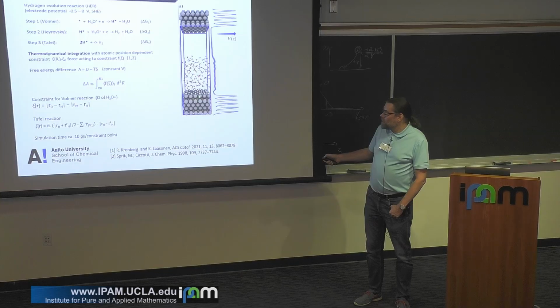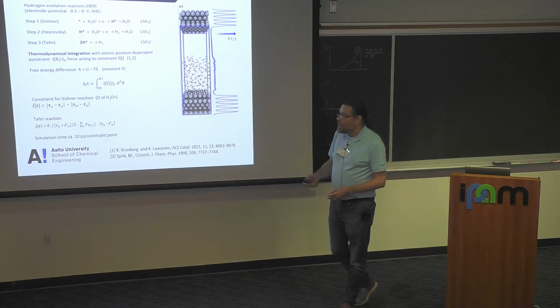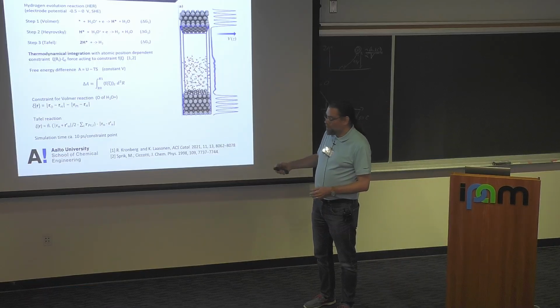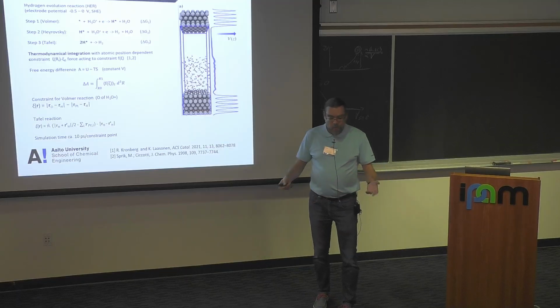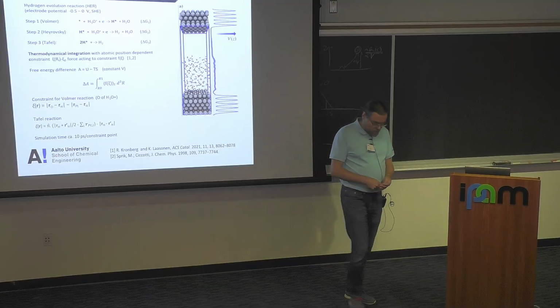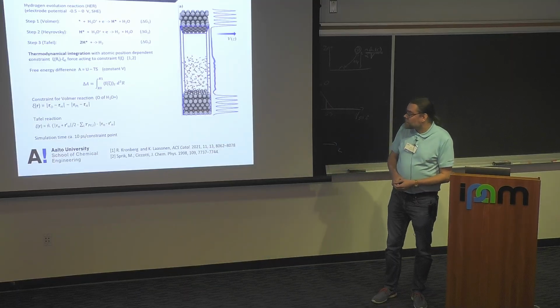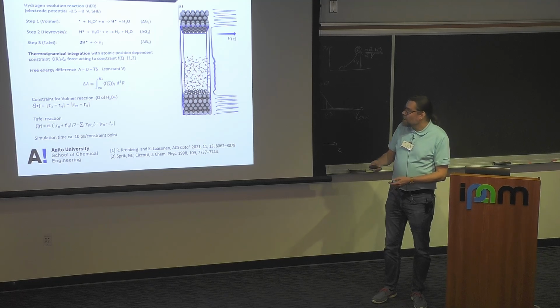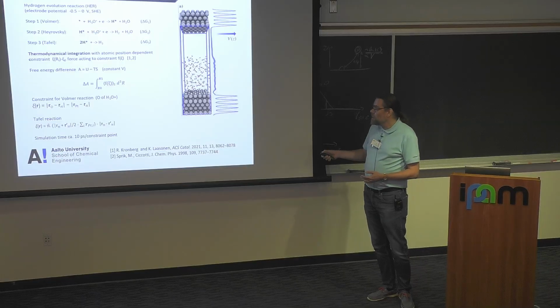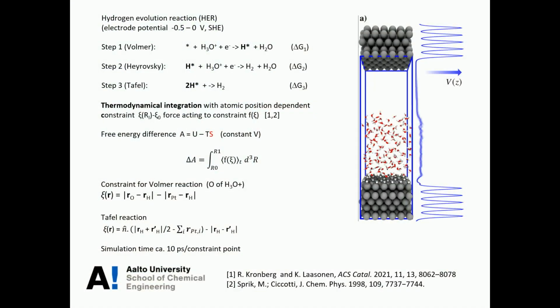We start, for example, with one hydrogen on the top side of the surface, and then we start pulling it up into the liquid. We have to do this in a few steps, something like 10 steps or so. So this is the technique. Technically everything is moving, and we fix one of the constraints, so we fix this to a certain height or distance.